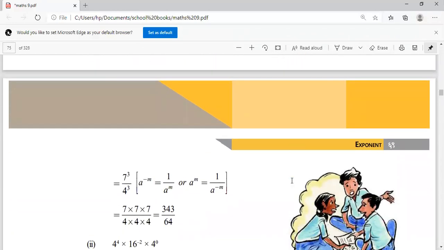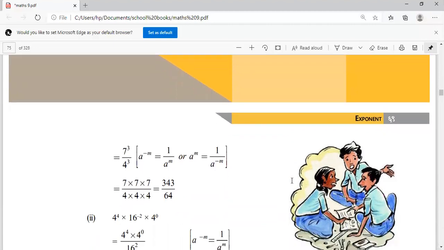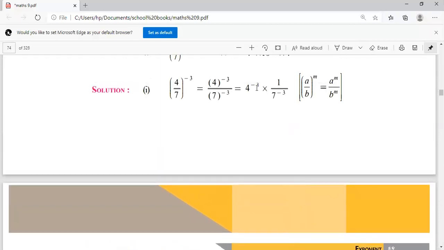You will transform it once again using the formula a to the power minus m is equal to 1 upon a to the power m, and you can write this formula further as a to the power m is equal to 1 upon a to the power minus m. Using cross multiplication you can write it in this way also. So you can write a to the power minus m as 1 upon a to the power m.